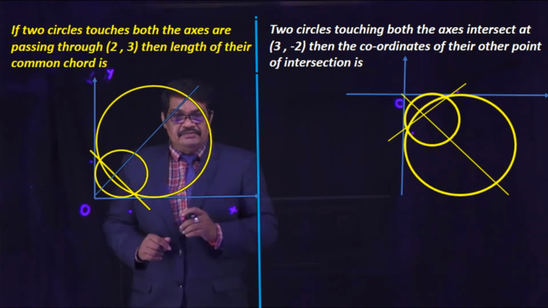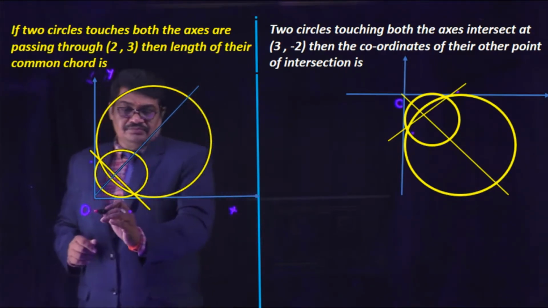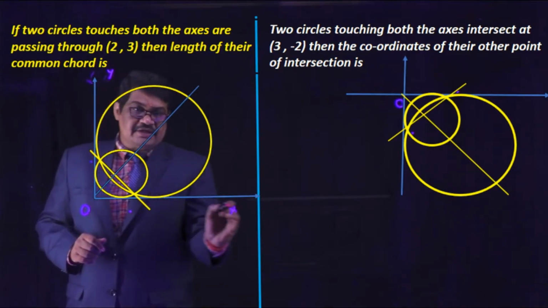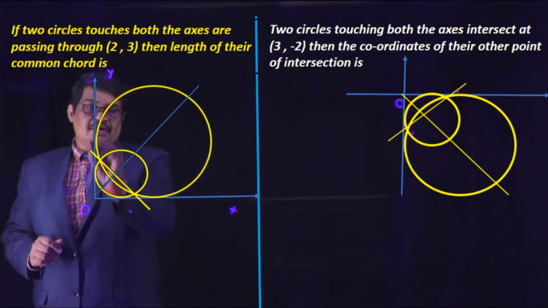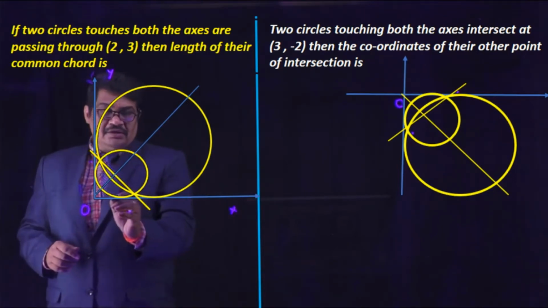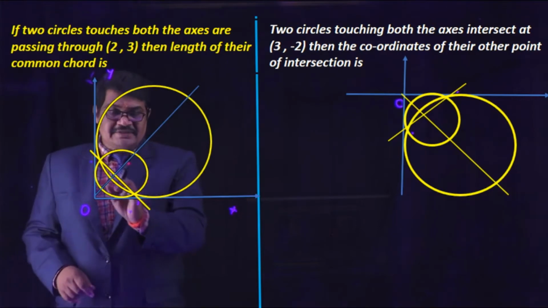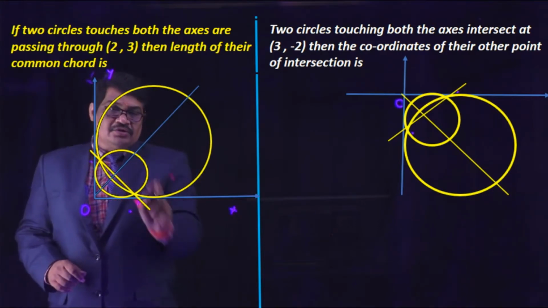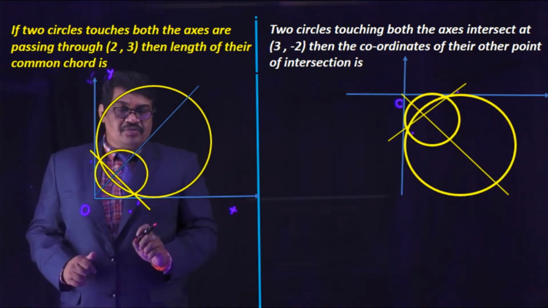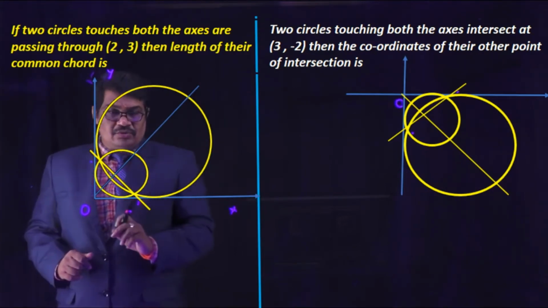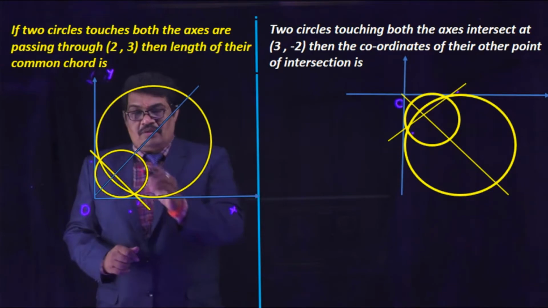Look at the diagram. This is the origin, this is the x-axis, and this is the y-axis, and these are the two circles. These two circles touch both the coordinate axes, and they pass through the point (2, 3).